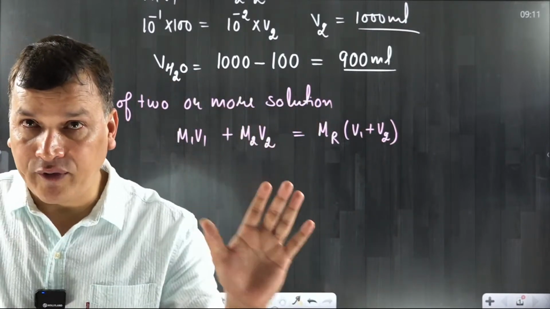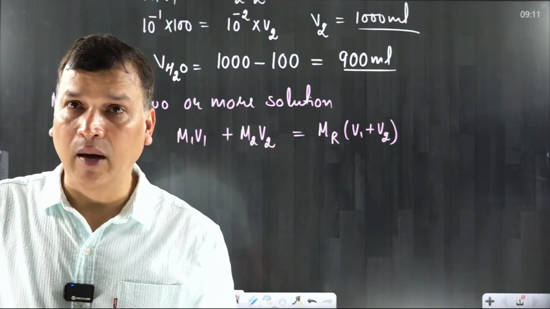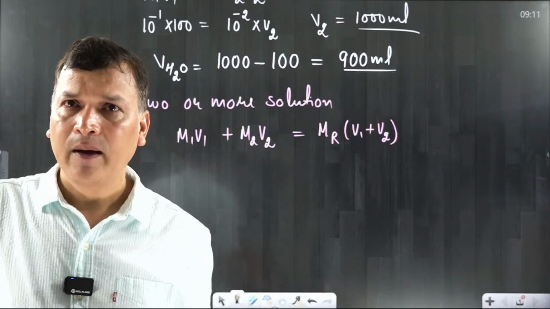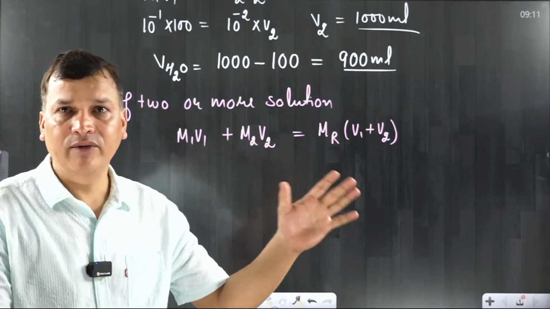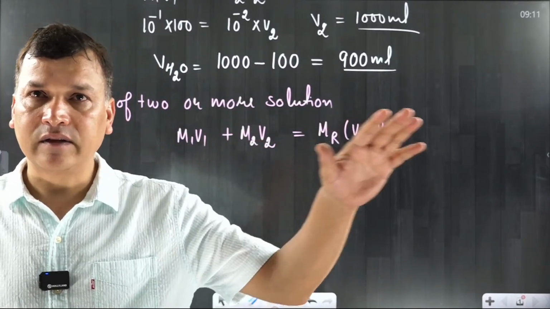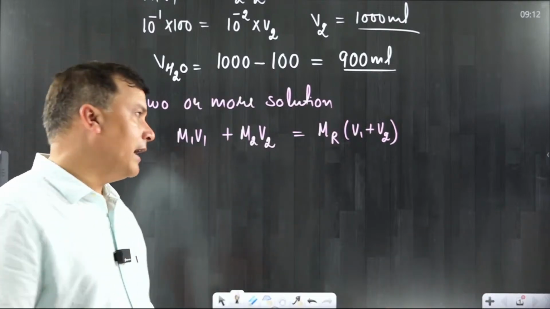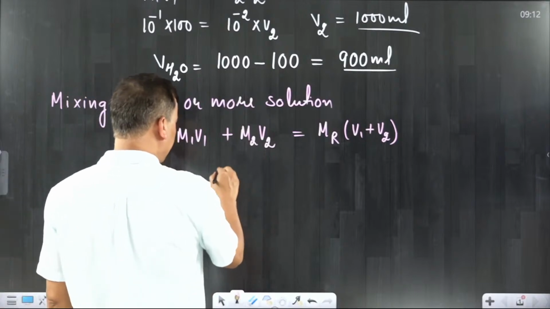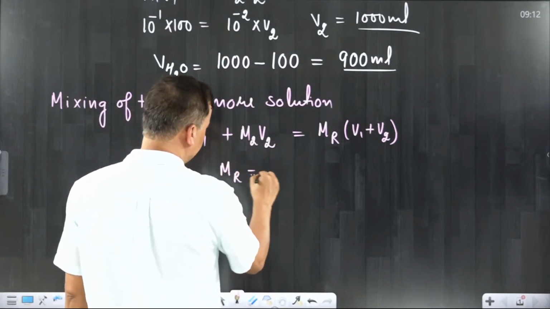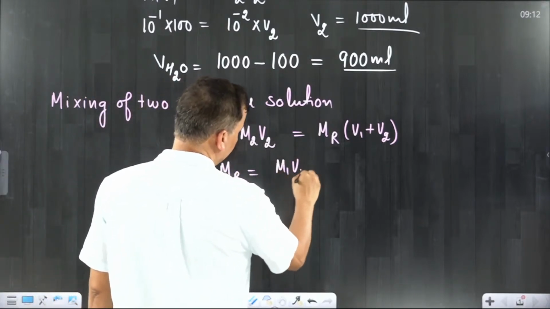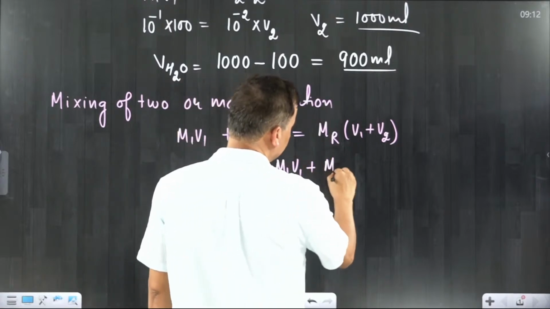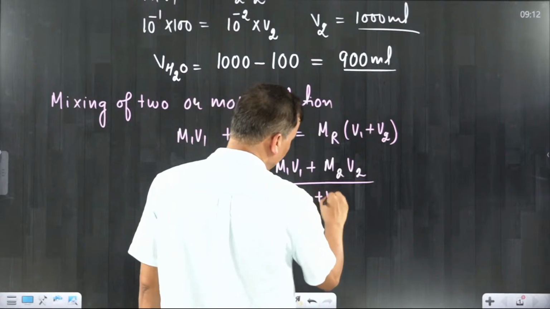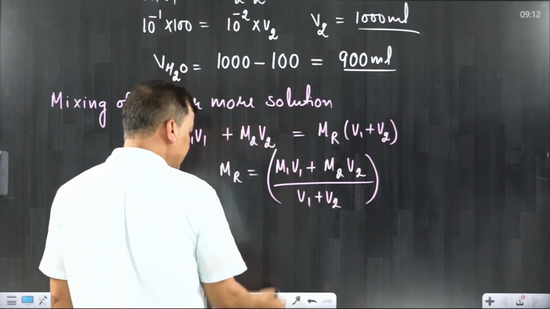We have two different solutions of two different components, or maybe of the same substance, but these are two different solutions. When they are mixed, they will form a solution, and this will be the molarity of the resulting solution. So the molarity of the resulting solution is equal to M1 V1 plus M2 V2 divided by V1 plus V2. Is that clear or not?